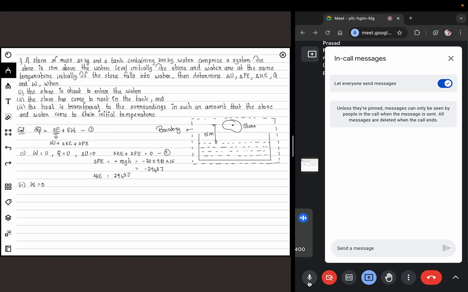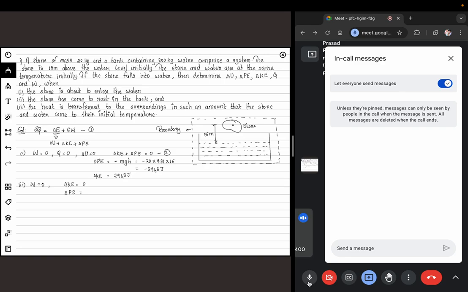So once it reaches there, I can say that the change in kinetic energy will be 0 because its velocity is not changing.